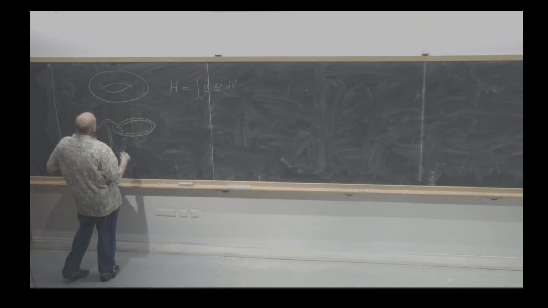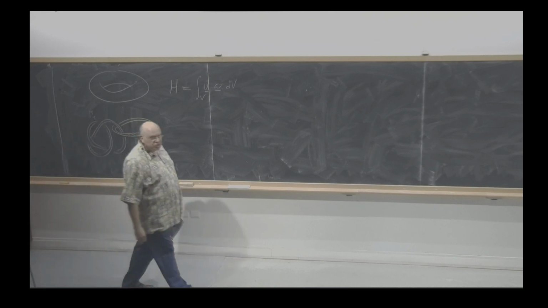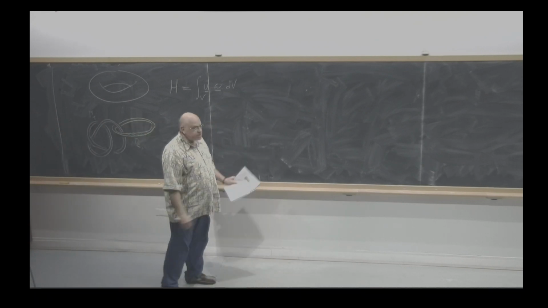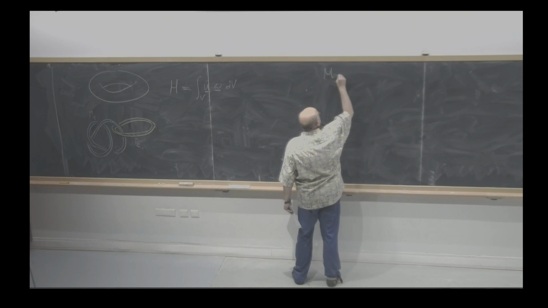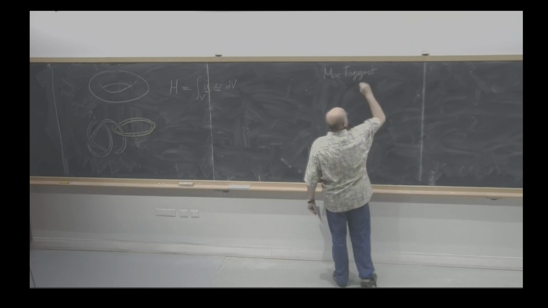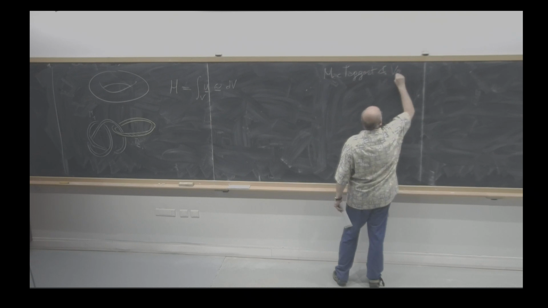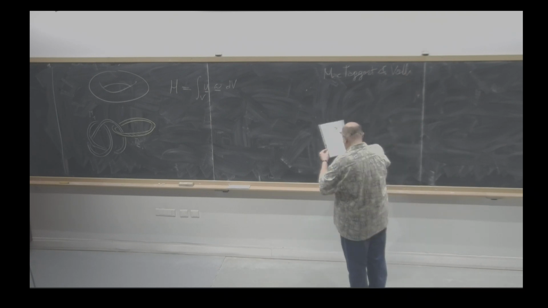So how to adjust the problem? I won't go into details. I just show you the result, because this is due to McTaggart and a topologist, and Valley. A collaboration that led to this result. I don't have a date.